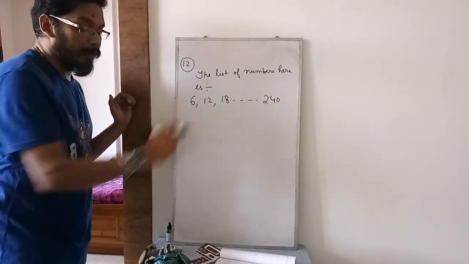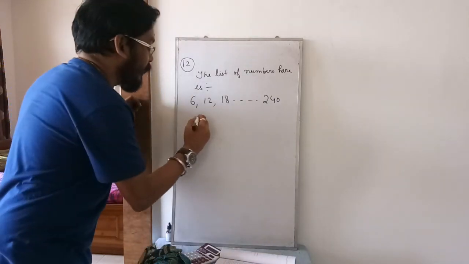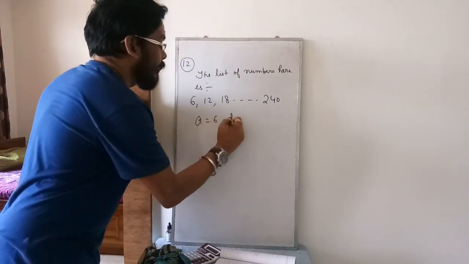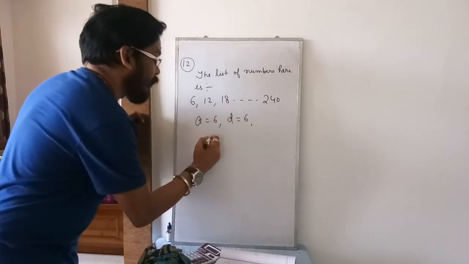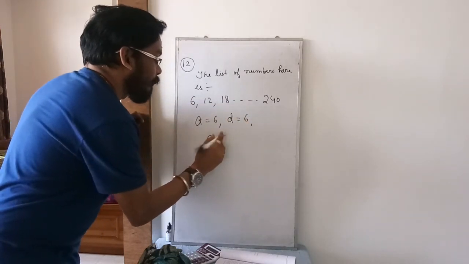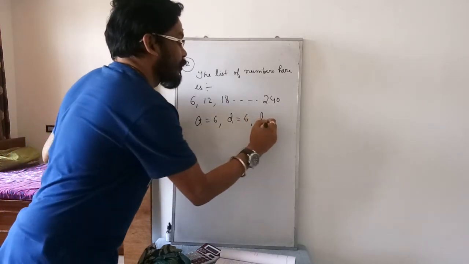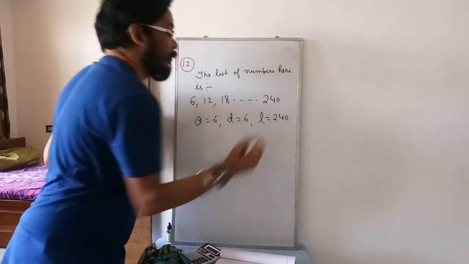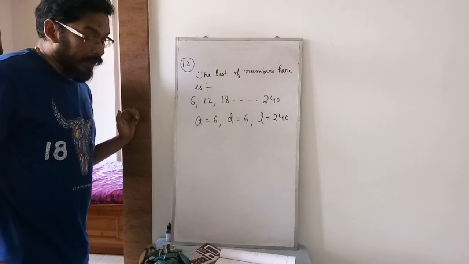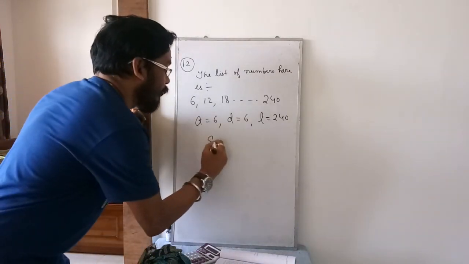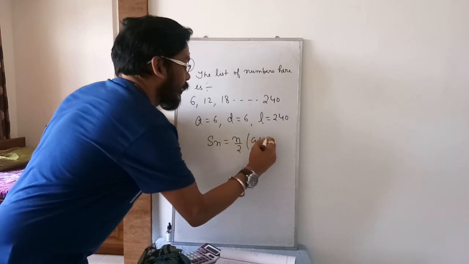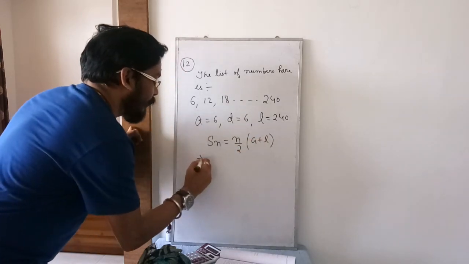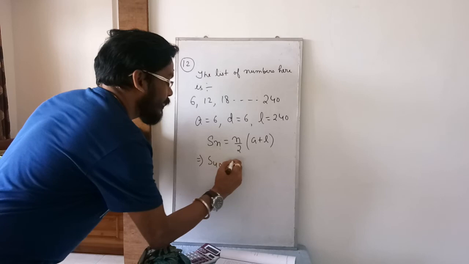I have to find the sum of this sequence. So here A is 6, D is second minus first, 6, and the last term is your 240. I have to find out the sum, so I can go for the shortcut. Sn equal to n by 2 into A plus L. I have to find the sum of first 40 integers, S40.